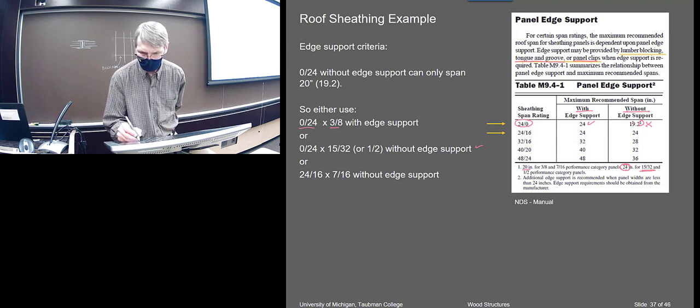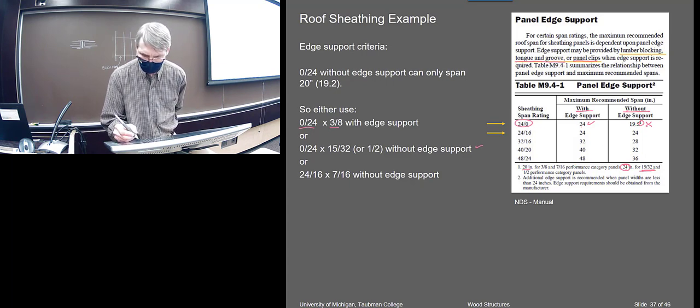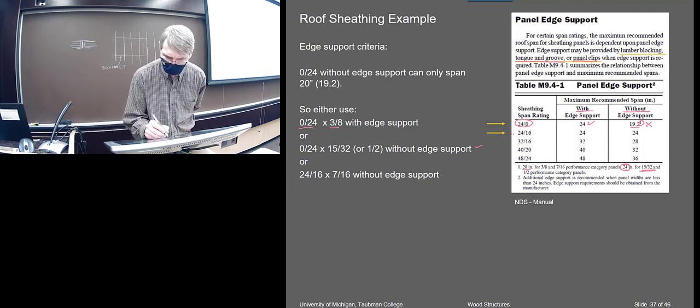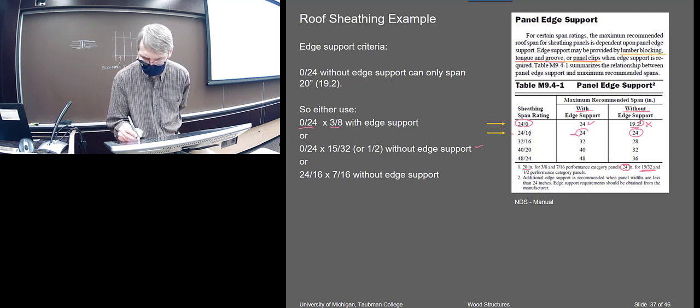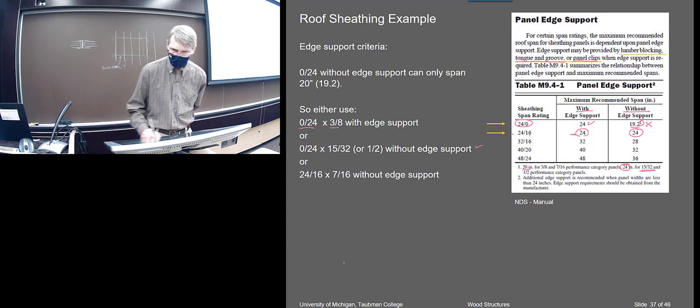You either have edge support and keep the 3/8. You move up to a 5/32 and you can drop the edge support, or you can drop down to this category, 24/16, and that gives you without edge support. I mean, then you can choose. You don't have to have edge support.